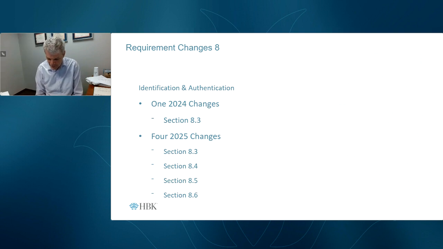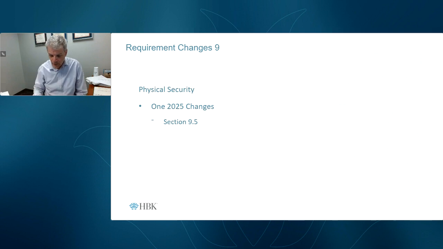On both of those sections, there are requirements now, as well as Section 8.6, which talks about the management of your application and or your system accounts. So overseeing those and checking who has access to them will fall into requirement 8, I should say.